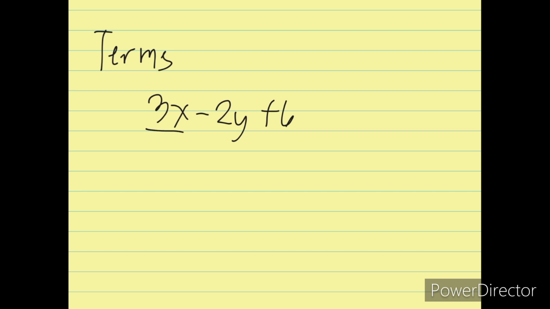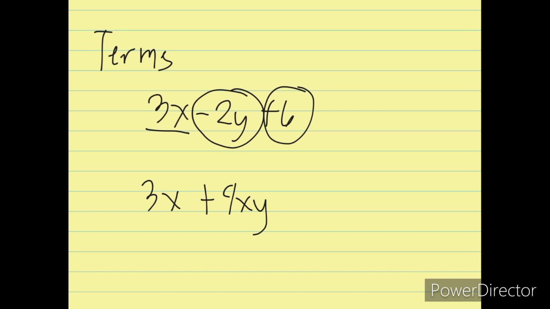The first term is the 3x, the second term is the negative 2y, and the third term is the positive 6, or the 6. Next, the expression 3x plus 4xy plus 8 times y minus x also has three terms.